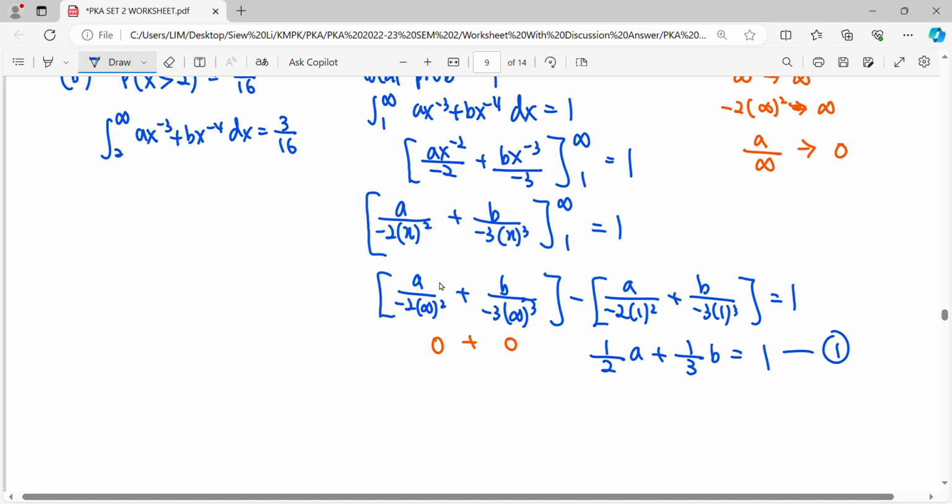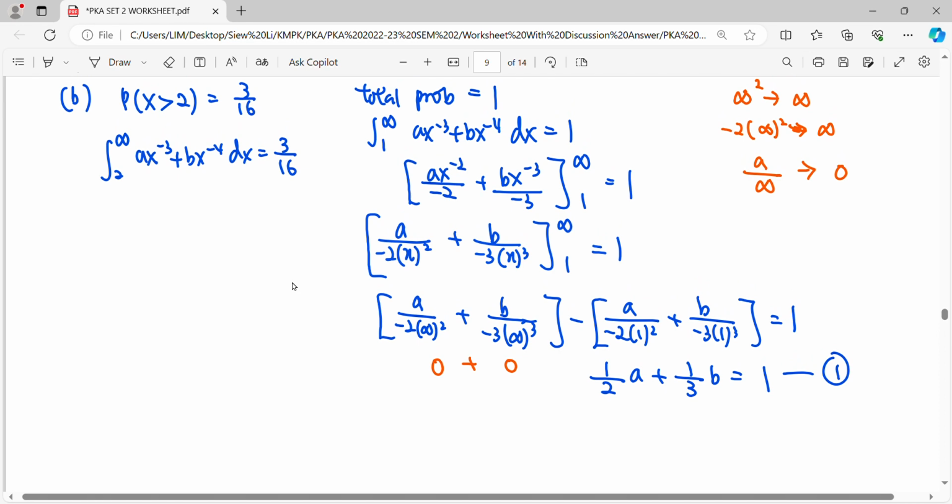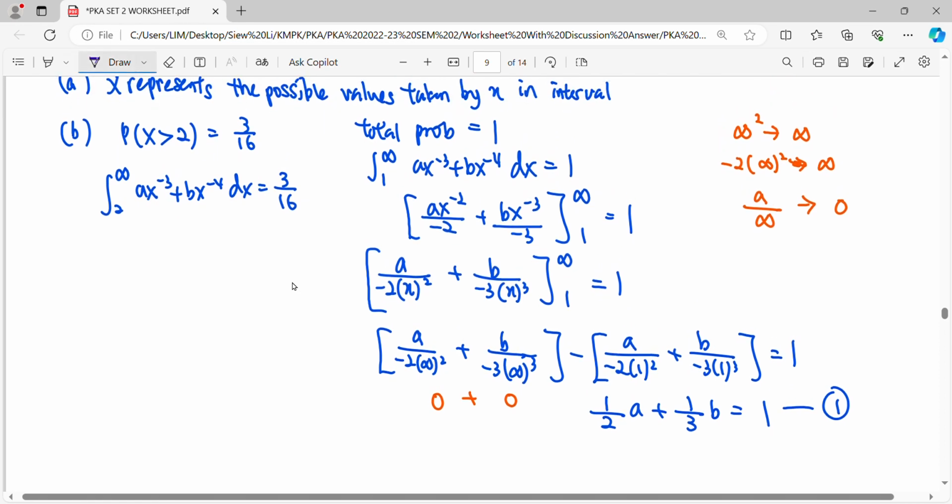For the second piece of information, we continue on this side. We're finding the probability. When you want to integrate, the same procedure applies: power plus 1 over new power. Upper limit infinity, lower limit 2, equals 3 over 16.